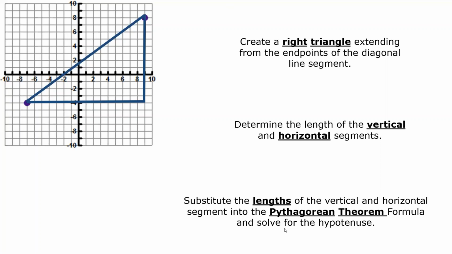hypotenuse. We'll count how long the vertical segment is. 1, 2, 3, 4, 5, 6, 7, 8, 9, 10, 11, and 12. It is 12 units long.